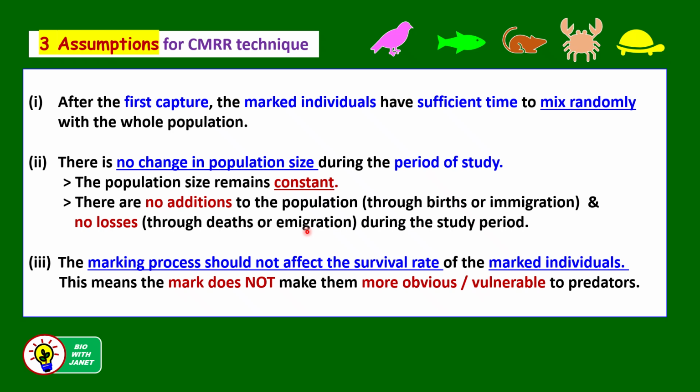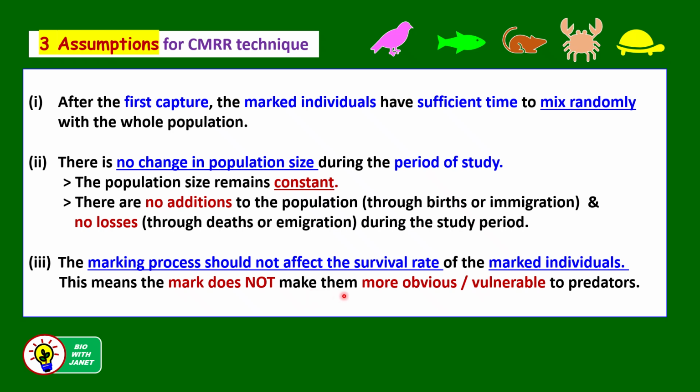So we assume that there are no additions or losses to the population, and that the individuals in the population all stay within the area of study for the period of time that you carry out the experiment. The second assumption is that population size remains constant throughout the period of study. Now, the marking process, this is the third point.